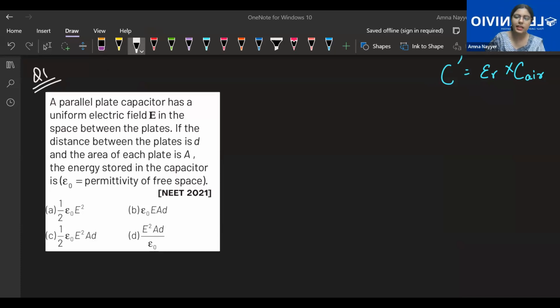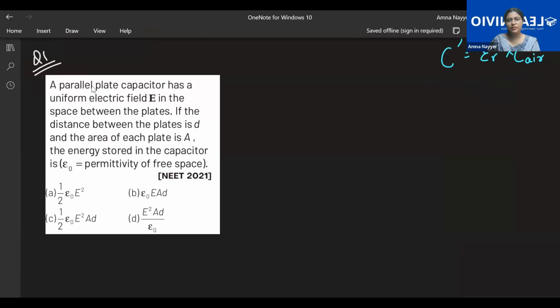So just type the answer in the chat box. I think this is just a formula-based question. You just have to mark out the answer.